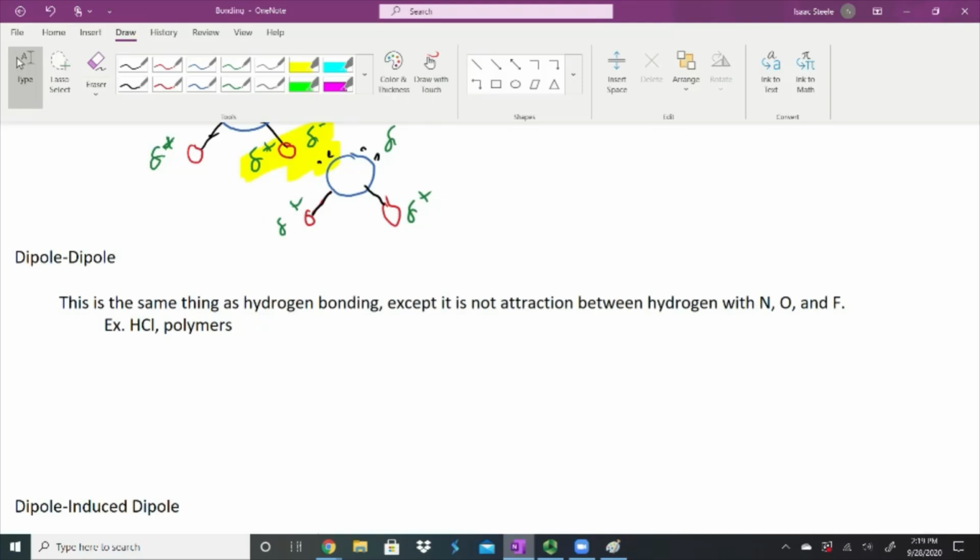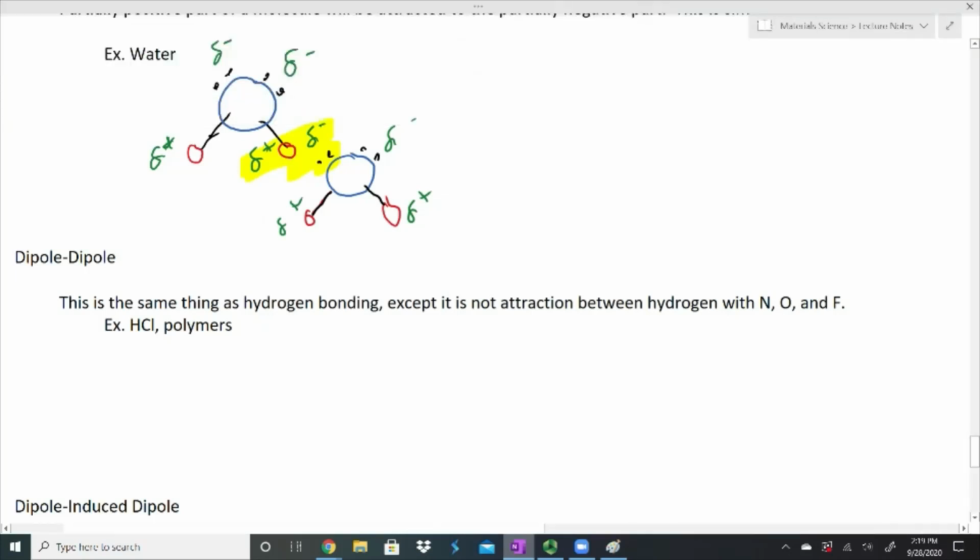And so here we'll just do a quick example. We'll do HCl. Here's my hydrogen. Here is my chlorine. Instead of doing different colors, I'm going to do one is large, one is small, and my hydrogen I'm just going to fill in as well. One side of these is partially positive, and one side is partially negative.